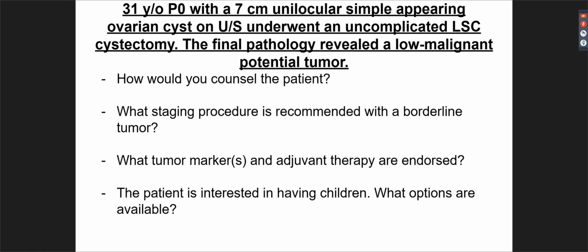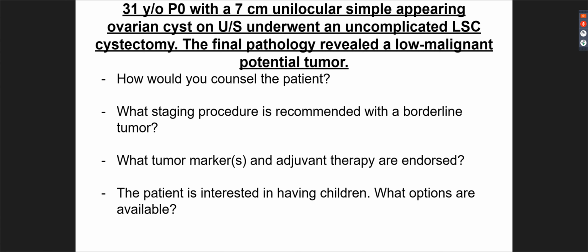But she would need to be really counseled well, by me and also by the gynecologic oncologist, and given all her options, and whatever she chooses at that point is what we should do. But I wouldn't say that she absolutely needs to have it right after completing family if she's still in her early 30s.